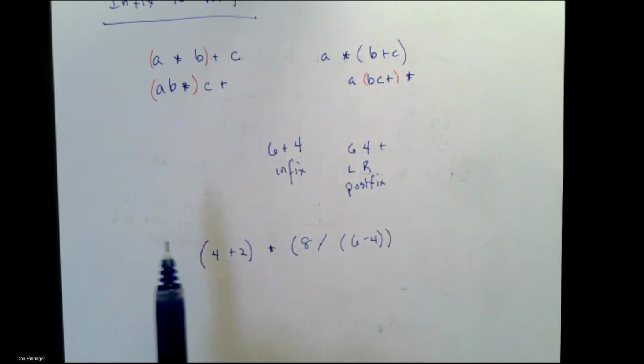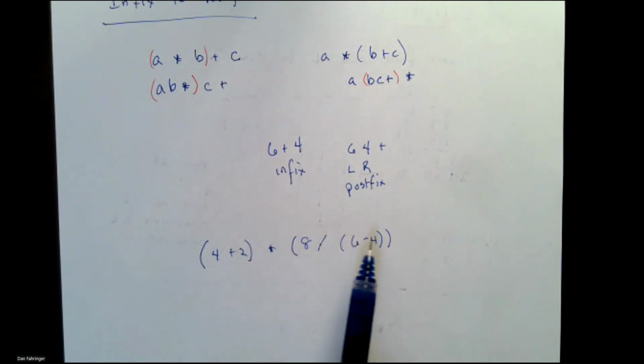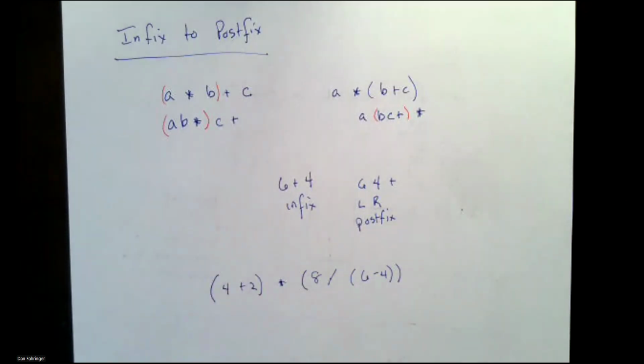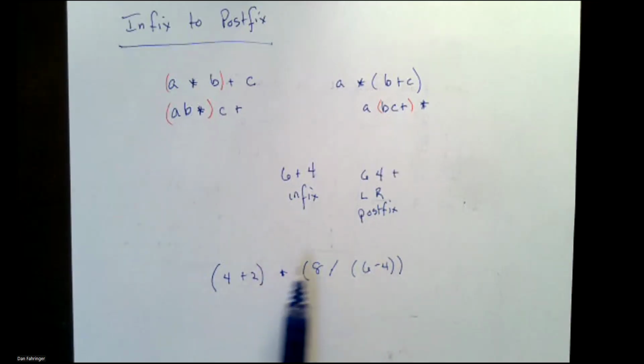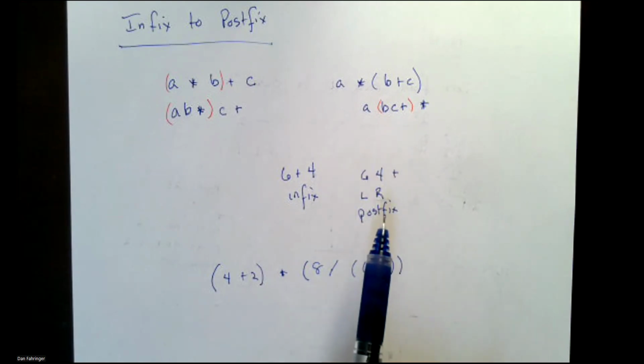If I type this as an infix statement, we're going to get in a couple minutes a program that says I can take this and convert it to postfix. When I convert it to postfix, the parentheses are going to be gone, but I'm going to maintain order of operations. Once I get it written in postfix, I can say, hey, stack, solve that for me.